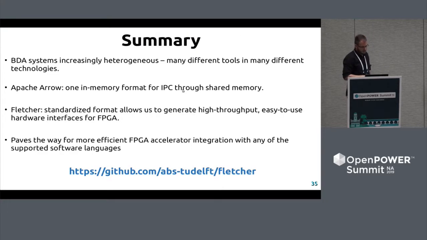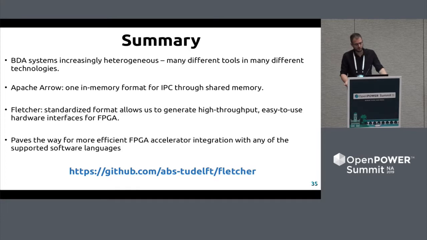So a summary: big data systems are getting increasingly heterogeneous. So many different tools and many different technologies, and we need some solutions for that, right? To make the inter-process communication contain less overhead. So the folks at Apache Arrow have done a great job to do that, right?